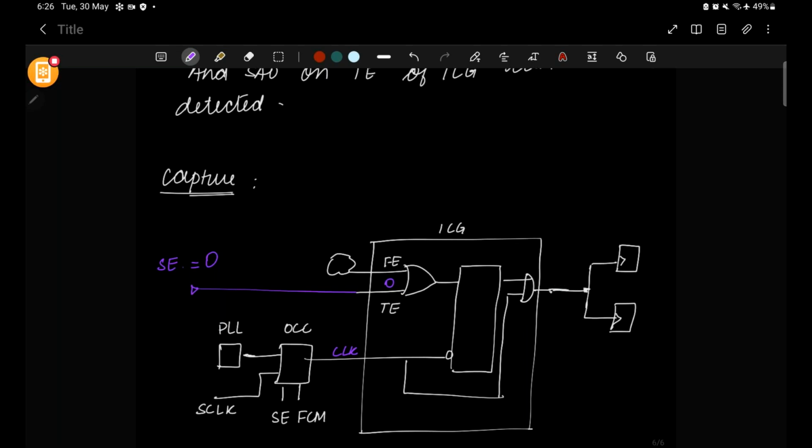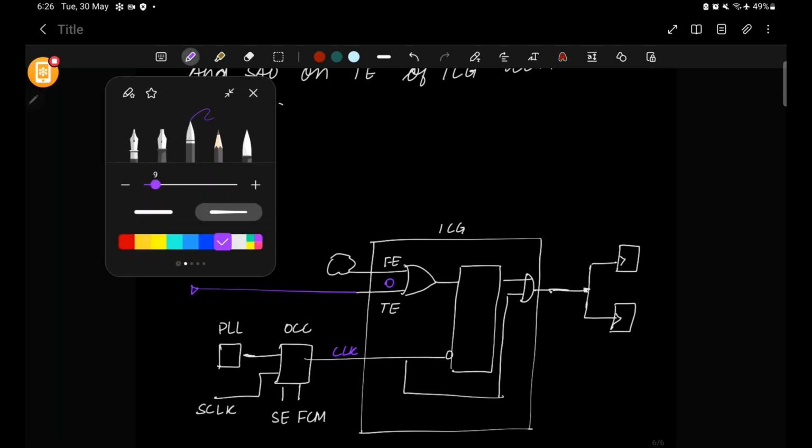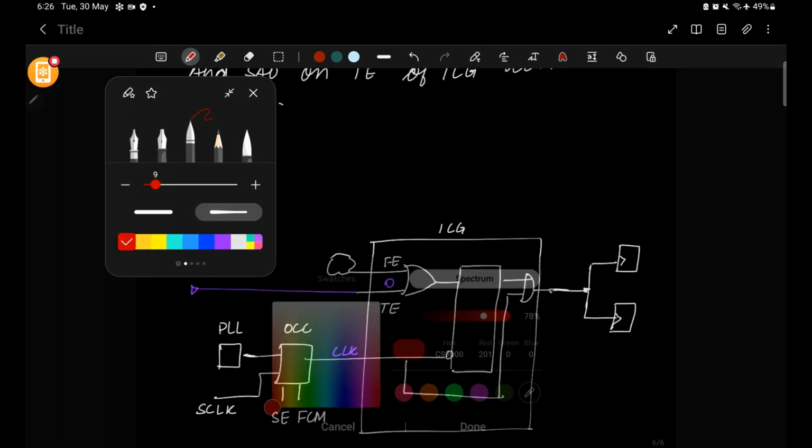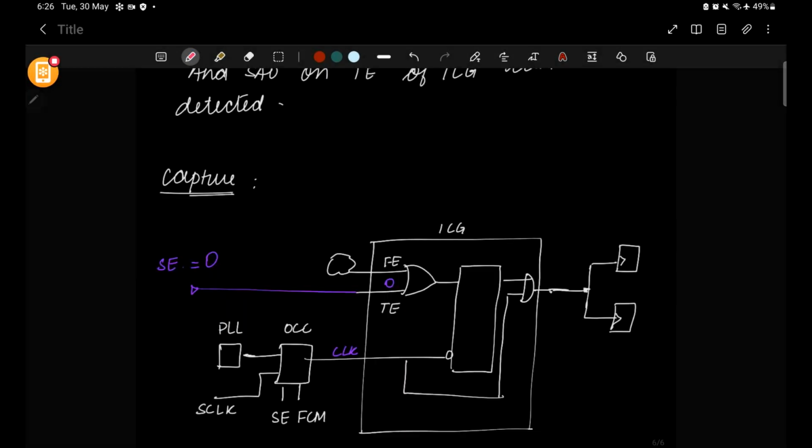What is happening during capture phase? Stuck at 1 on the test enable of ICG is detected, because scan enable is 0 now and scan enable is only tied to the test enable of ICG.